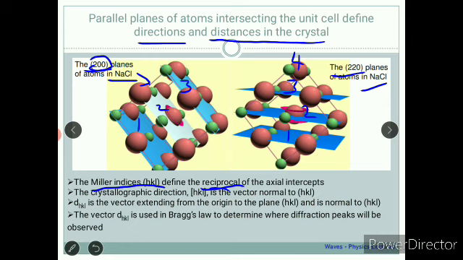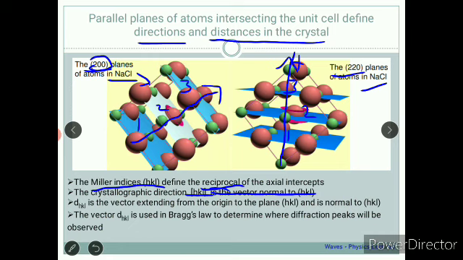The crystallographic direction, which is HKL, is a vector normal to the HKL plane. If you consider the crystallographic direction, this will be a vector which is normal to the plane. This is a vector, this is the crystallographic direction, or this vector, this is also the crystallographic direction.